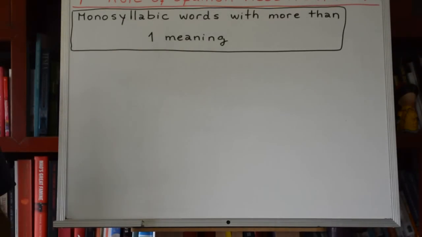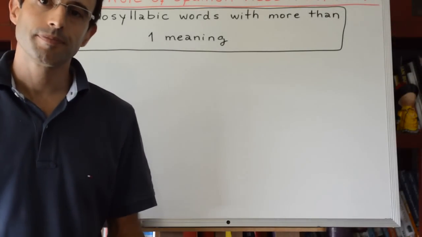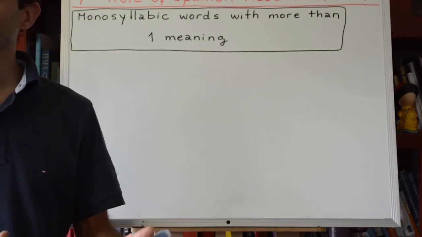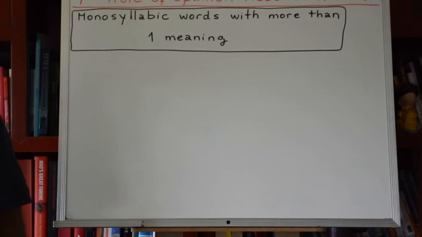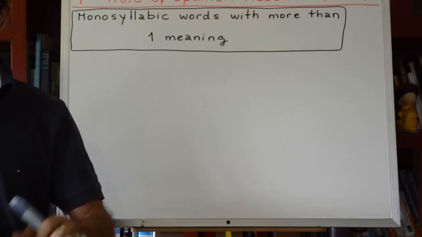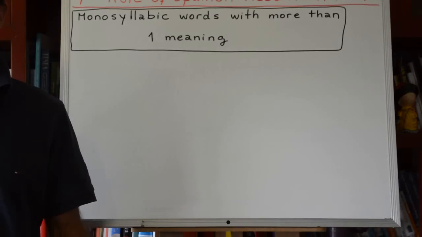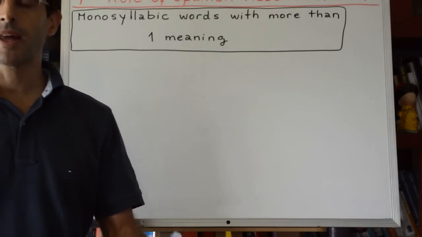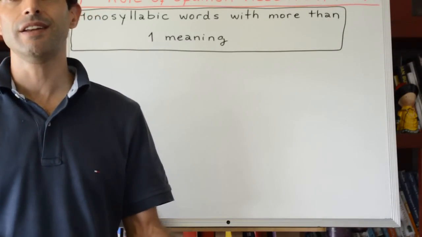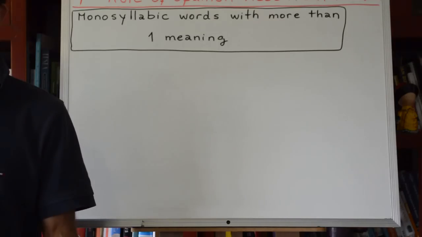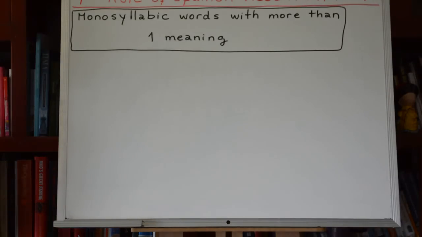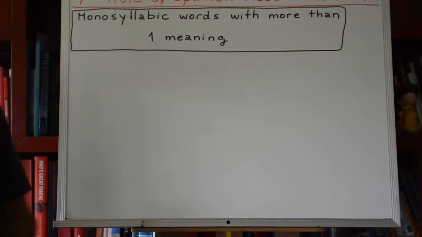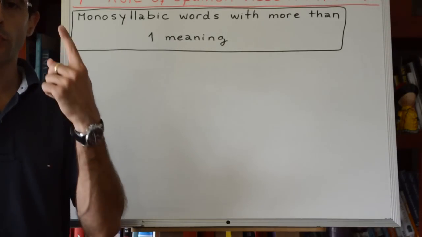Bien, la cuarta regla trata de las palabras monosilábicas. It is about the monosyllabic words que tienen más de un posible significado, that have more than one possible meaning, okay? So, we are talking about monosyllabic words that have only one syllable.